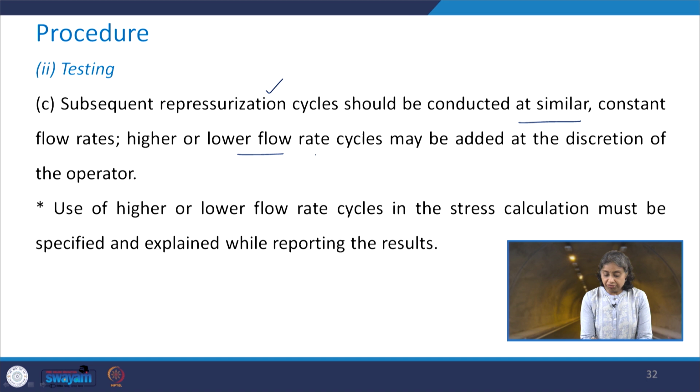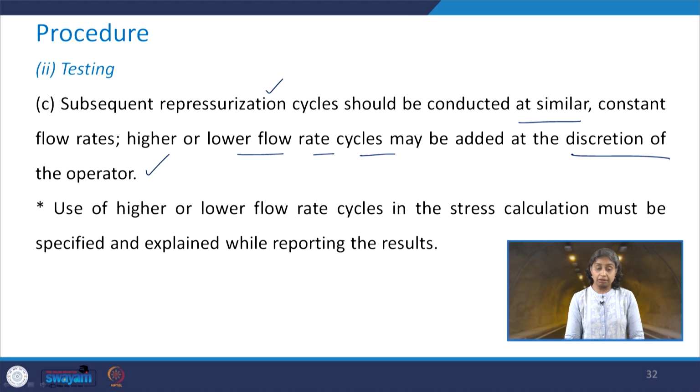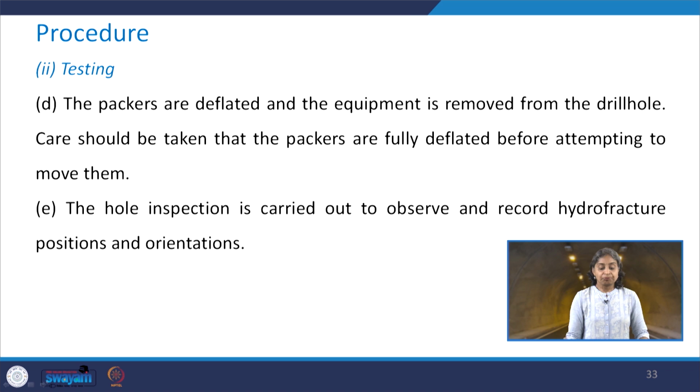Higher or lower flow rate cycles may be added at the discretion of the operator. If higher or lower flow rate cycles are used in the stress calculation, this must be specified and explained when you report the test results.